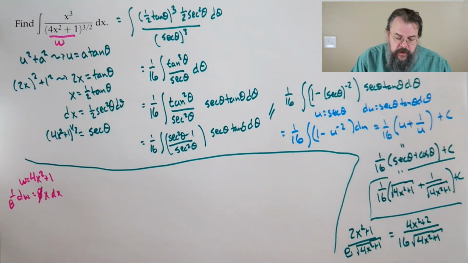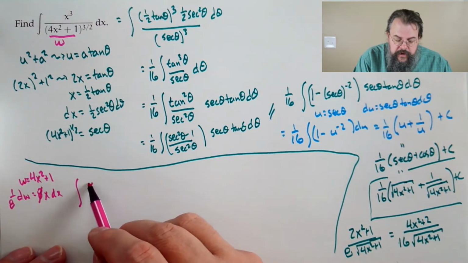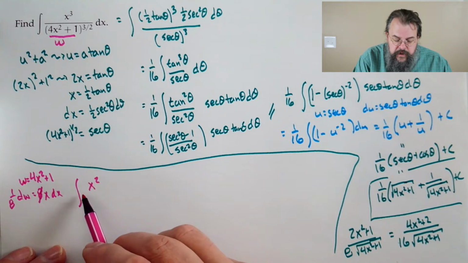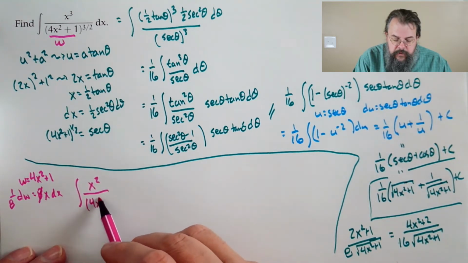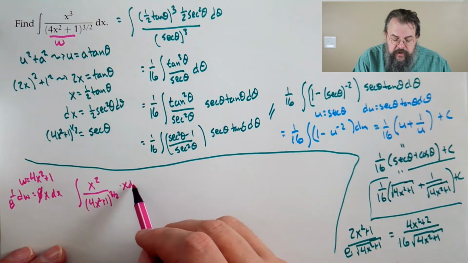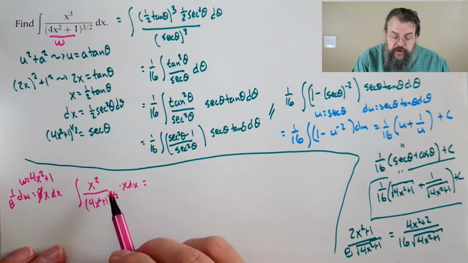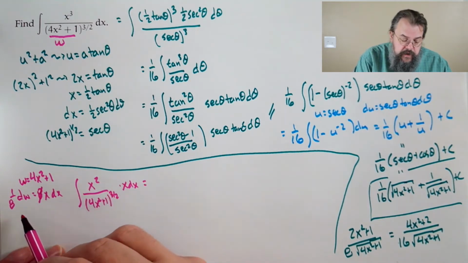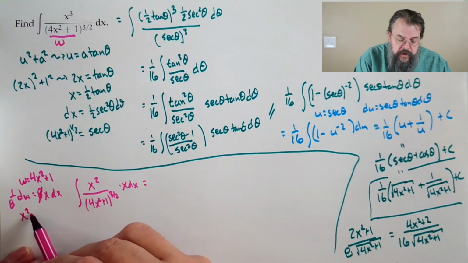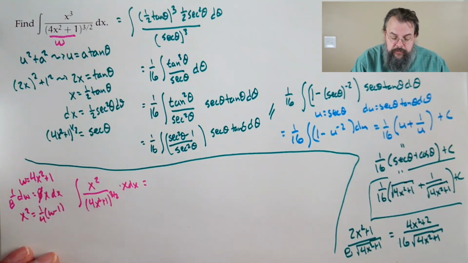So what happens? Well, we have our integral of x squared over 4x squared plus 1 to the 3 halves times x dx. Well, we can see what happens. This downstairs becomes w to the 3 halves power. What about x squared? Well, x squared, if you take that, that's 1/4 w subtract 1, because you would subtract 1 divided by 4.